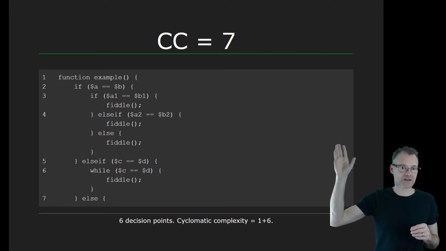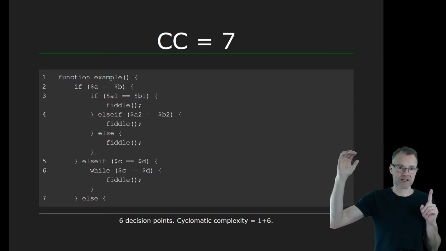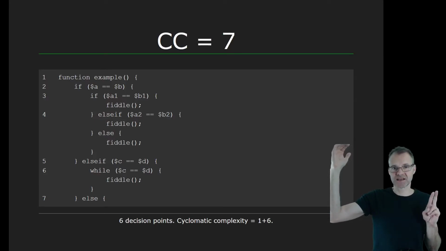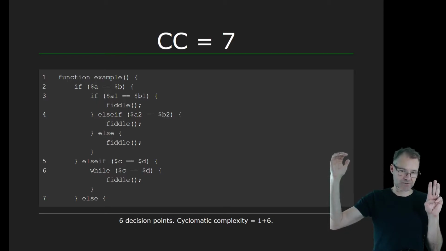If we start at the top, we have a function. So there we start, complexity 1. Then we have an if statement. There's a decision point, so we go to 2. Then we have another decision point, we go to 3. Then we have an else if. Then we go to 4. So that's 3 decision points plus the start value 1.